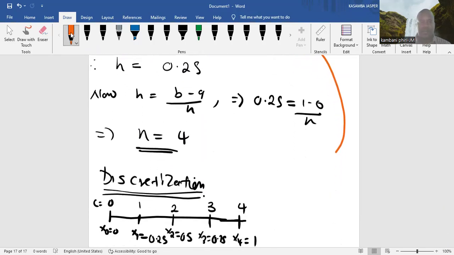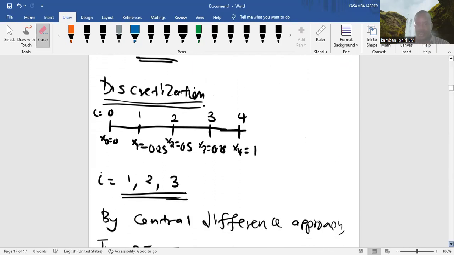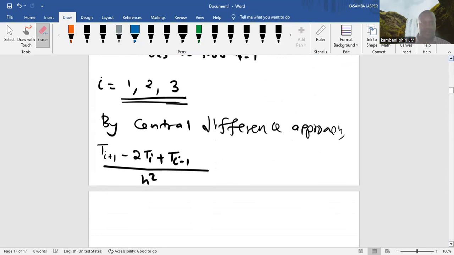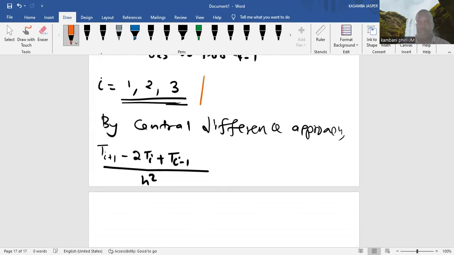Okay, maybe the best way is, for sake of reference, let me rewrite this so that we are able to refer to it. Remember, after rewriting our differential equation, we had T double prime is equal to, I think, 16T minus, I think, 320. So we are saying this part here, it is this one, which is here. Okay, that's what we have.